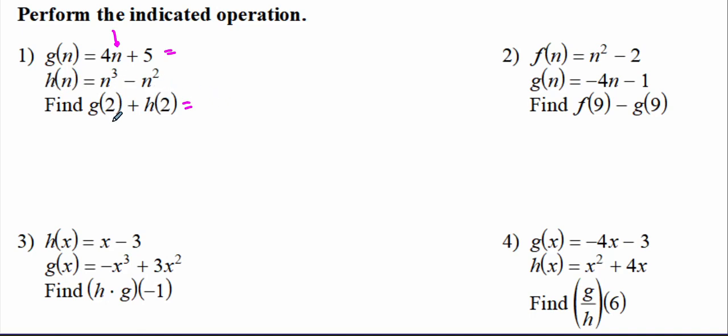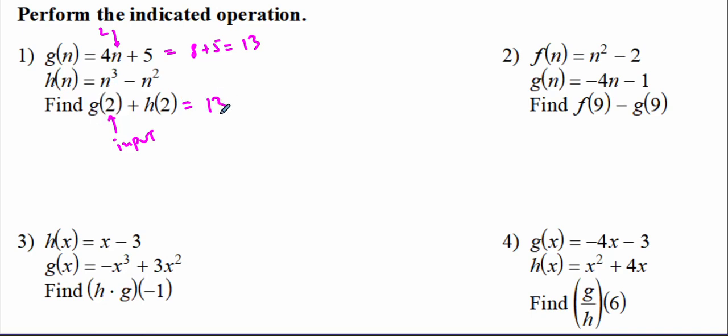So if I plug 2 in, this becomes your input, and the result is the output right here. So I plug 2 in here, and 4 times 2 is 8. I'm going to write 8 plus 5 equals 13. So that's this part right here.